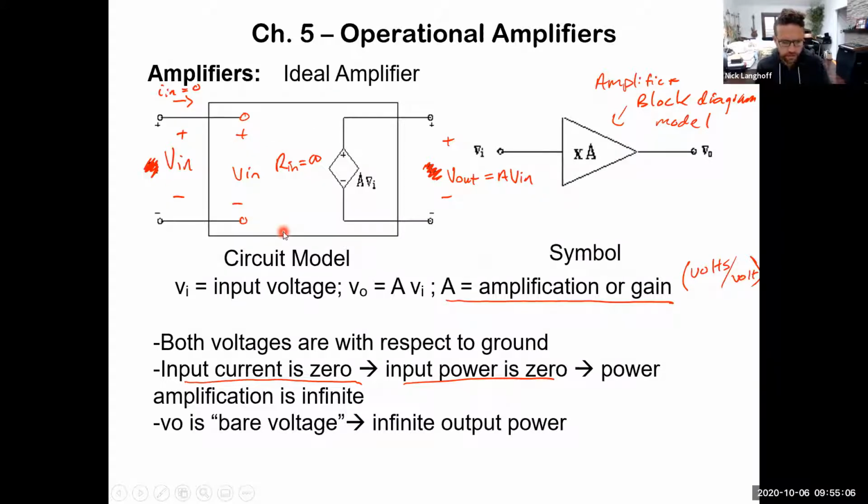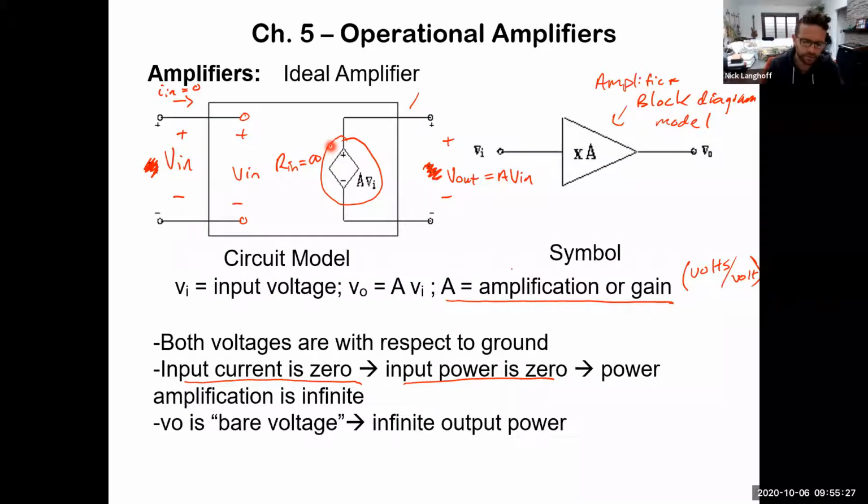Now, if Vout is connected to some load, we notice that in the ideal amplifier, you don't see any resistance right here coming from that dependent source. Notice that the output is actually generated by a dependent voltage source, which we've seen earlier in the semester.